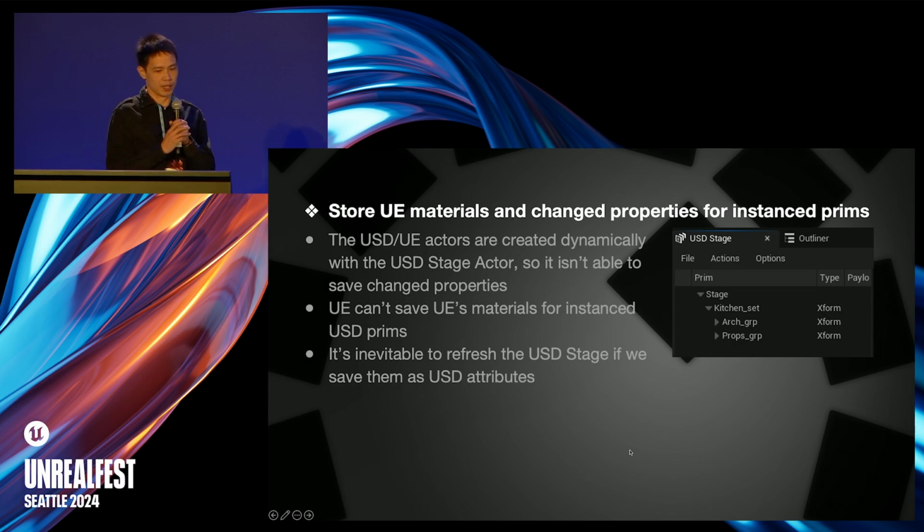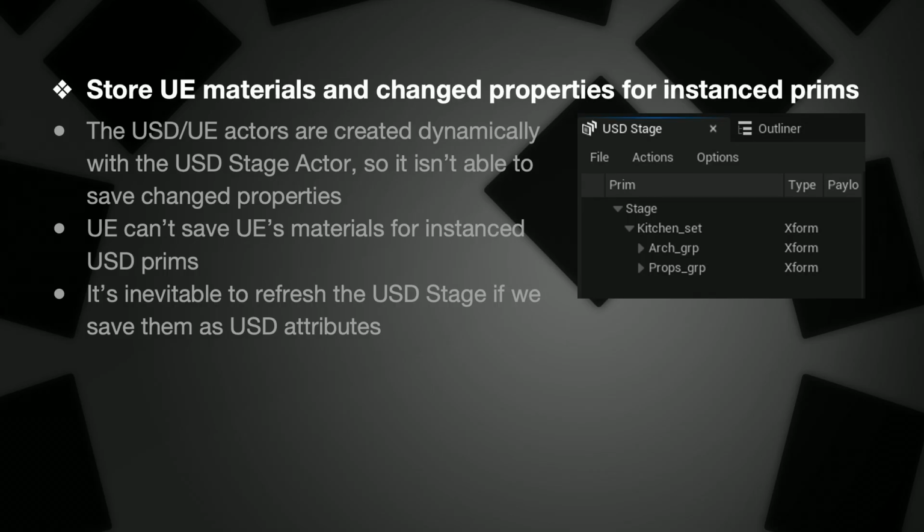The last one is to save and load Unreal materials and changed properties, for instance, the USD prims. When we create USD Unreal actors, Unreal will dynamically create those actors.